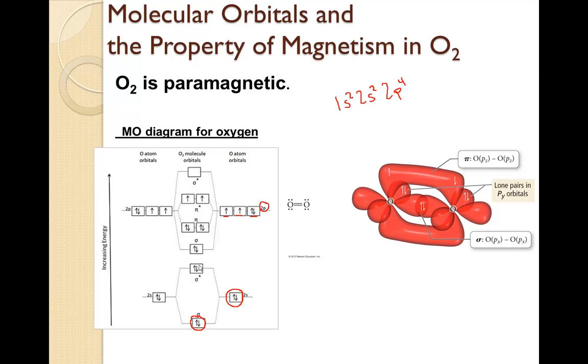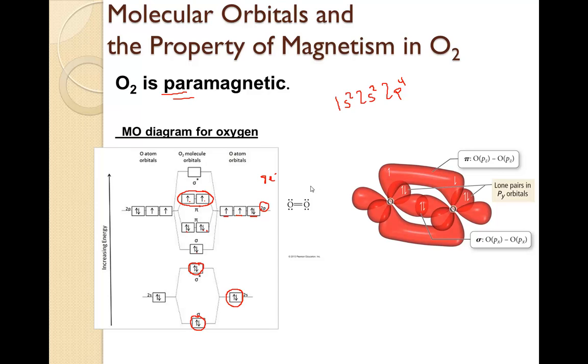Now we have 4 electrons here and 4 here for a total of 8 electrons. So 2, 3, 4, 5, 6, because you do it one at a time, 7, 8. Notice the unpaired electrons here, because we spread them out before we pair them up. The fact that they're single means it's paramagnetic, which means oxygen is actually magnetic.